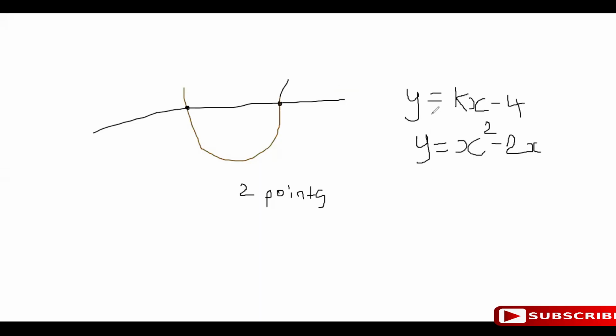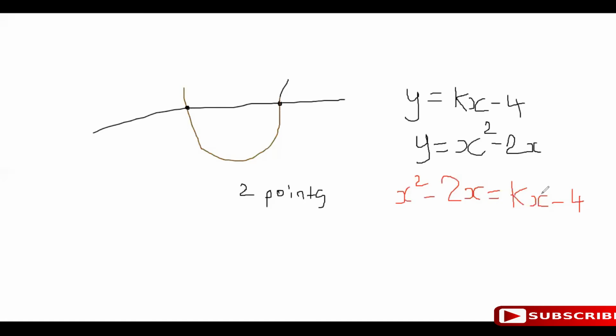All right. So right here, we're solving the equation of the line and the curve simultaneously. And so all we need to do is equate the two of them. So we're going to equate them: x squared minus 2x is equal to kx minus 4.